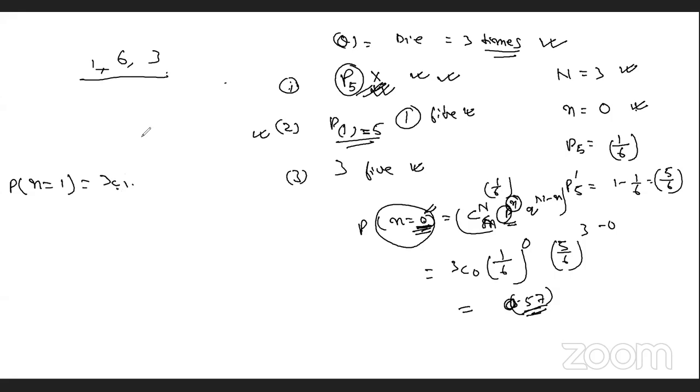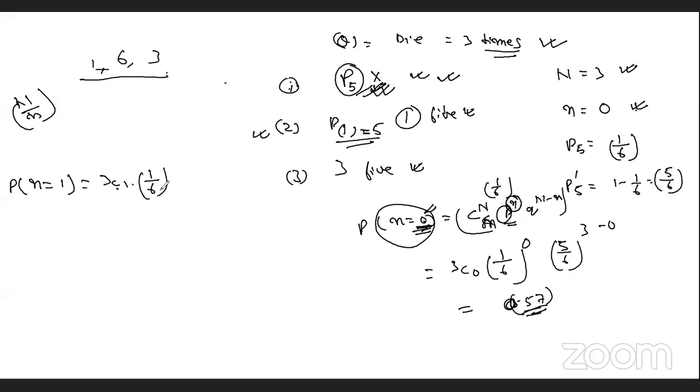It's nothing but a binomial coefficient. The binomial coefficient is equal to 3C1 in this particular case. And if I talk about the probability of success for getting 5, it's 1 by 6.